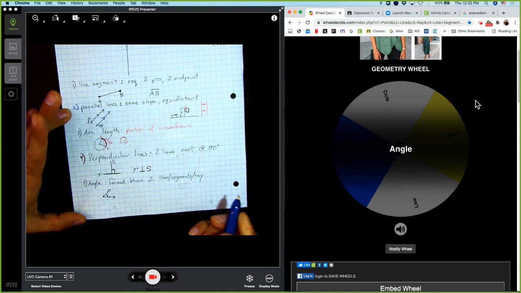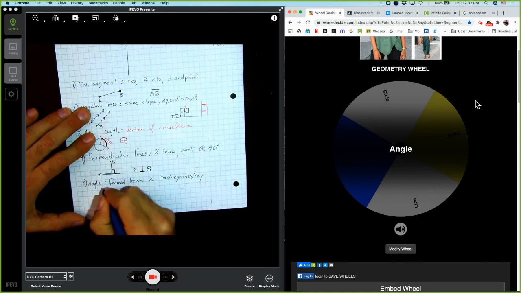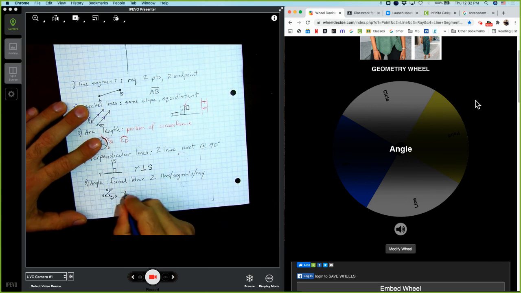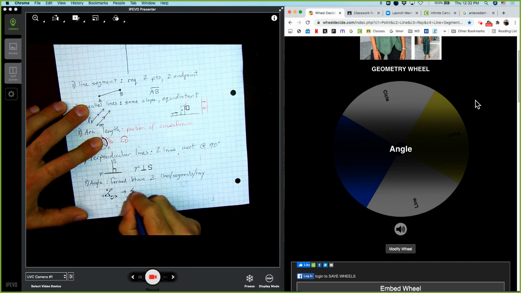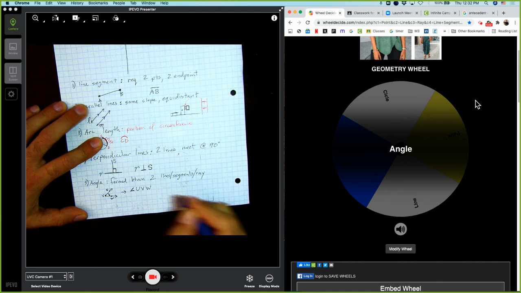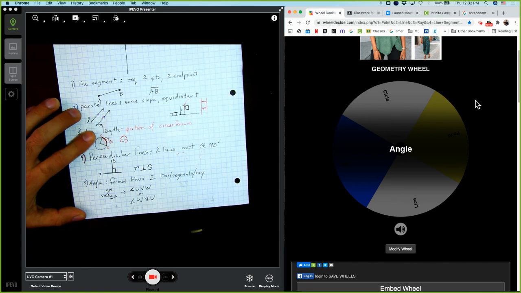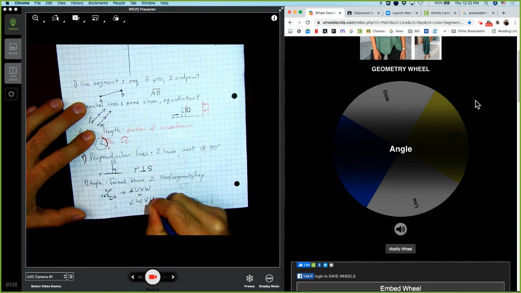And I would maybe label this, what letter am I on? Let's go U, V, W. Now watch, it's really important that you denote this. Here's the symbol. Angle UVW, or angle WVU. Now, why are those my only two options? What do you see in common between those two? What's the letter in common?